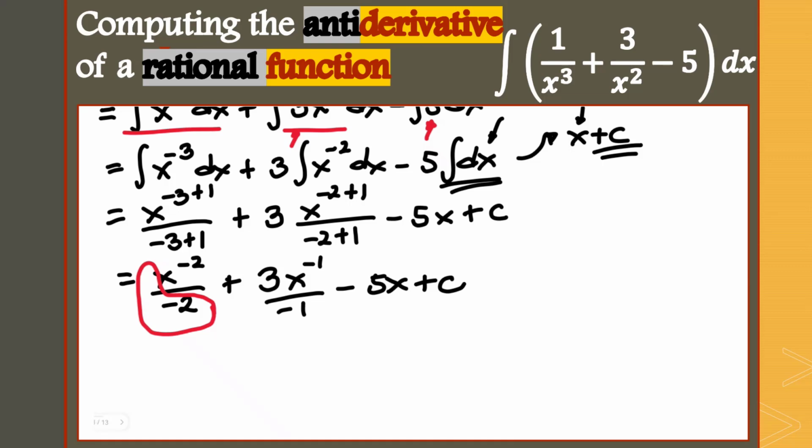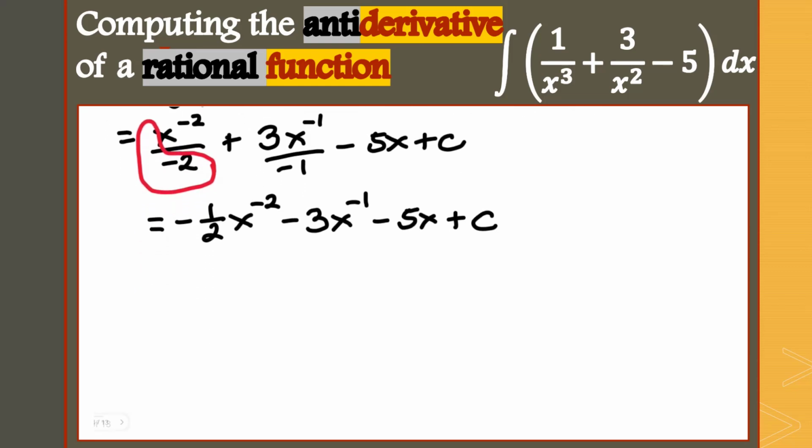Therefore we will have here -1/2 x to the power of -2. Then you have here negative and positive, so you will have -3 x to the power of -1 minus 5x plus c. Since we don't like expressions with negative exponents, we can apply here the law of negative exponents.